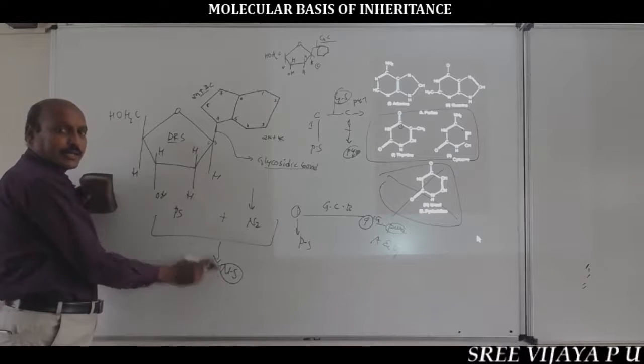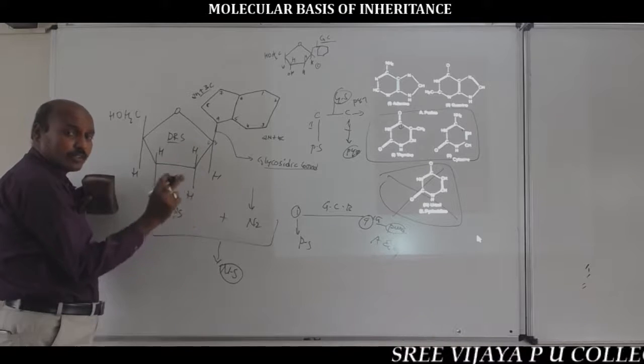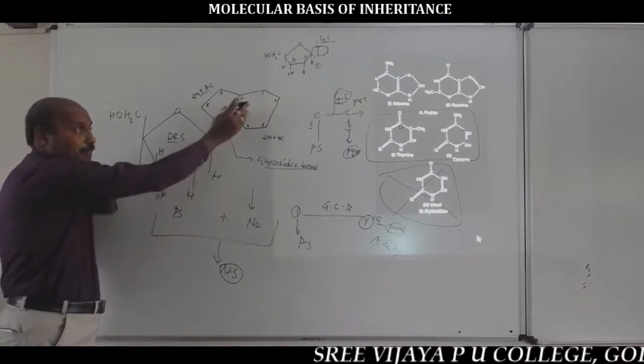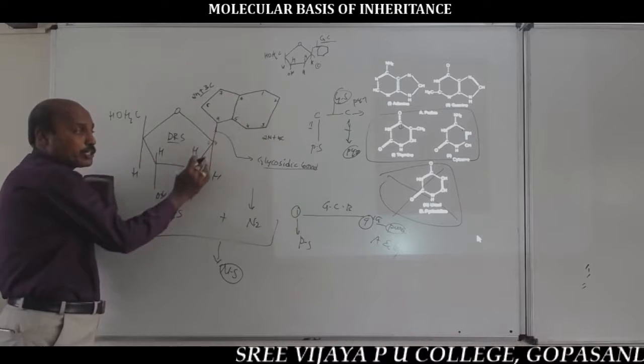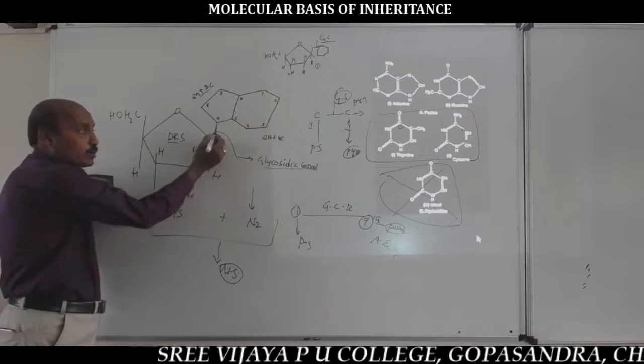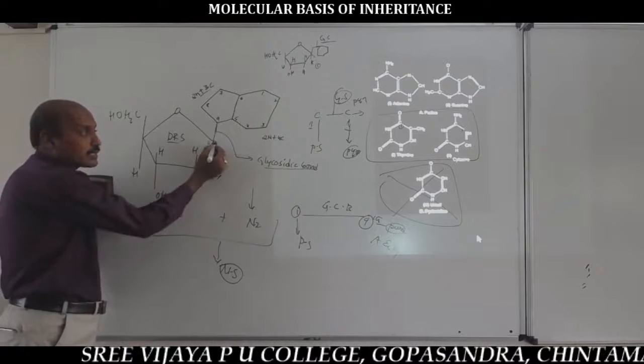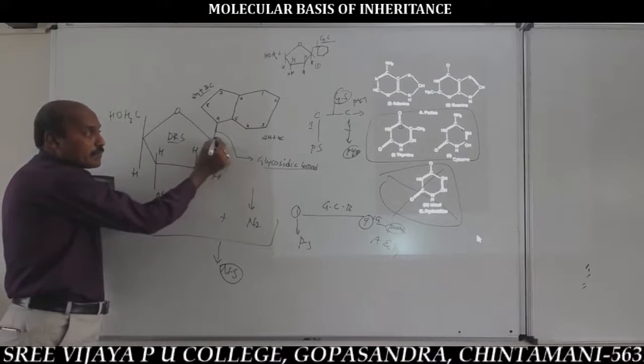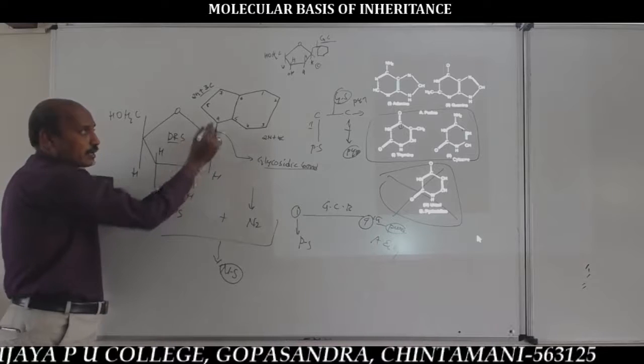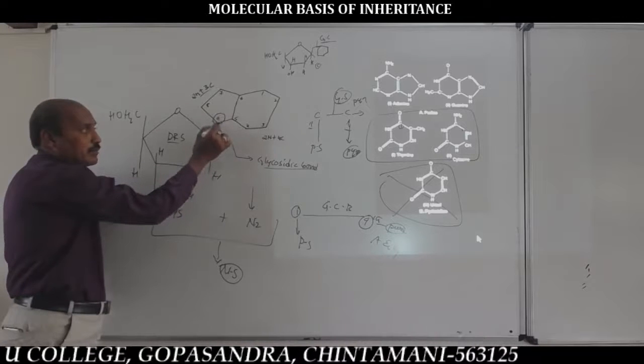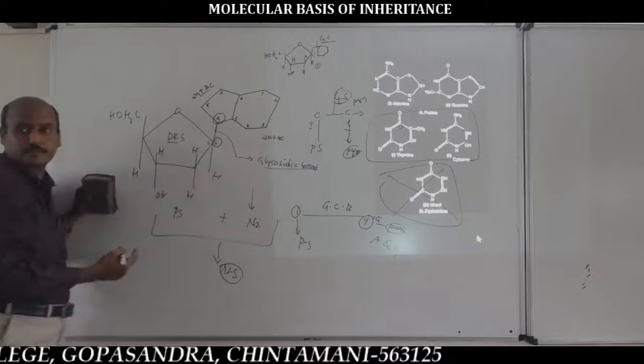Listen here. During formation of nucleosides, the purine base binds to the pentose sugar through a glycosidic bond established between the first carbon atom of deoxyribose sugar and the ninth carbon atom of the purine base.